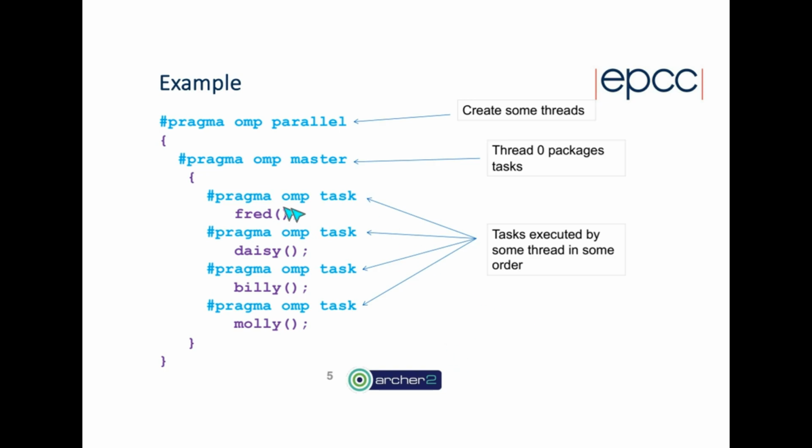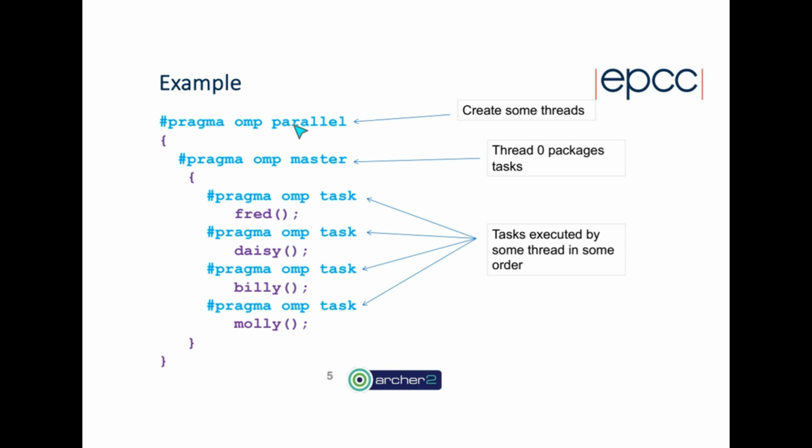So the usual pattern would be to include each of these in a task construct. Okay. So I need to be inside a parallel region in order for this to make sense, because the parallel region is the only thing that really actually creates threads in OpenMP.